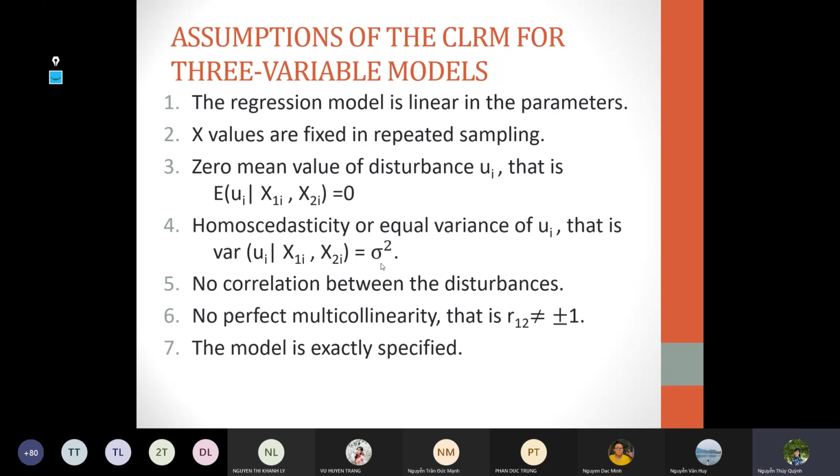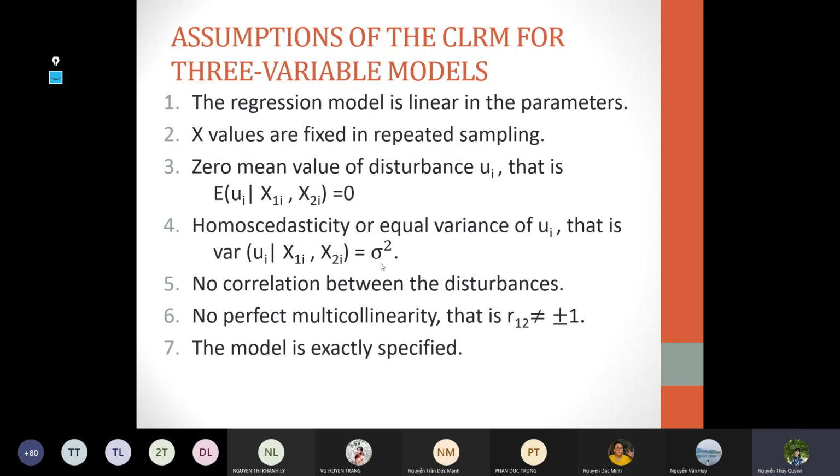But for the multiple regression model, you can bring many independent variables into the model. We also say that we do not want to bring too many independent variables into the model, because it will cause many problems. But still, you have to have the important variables in the model.